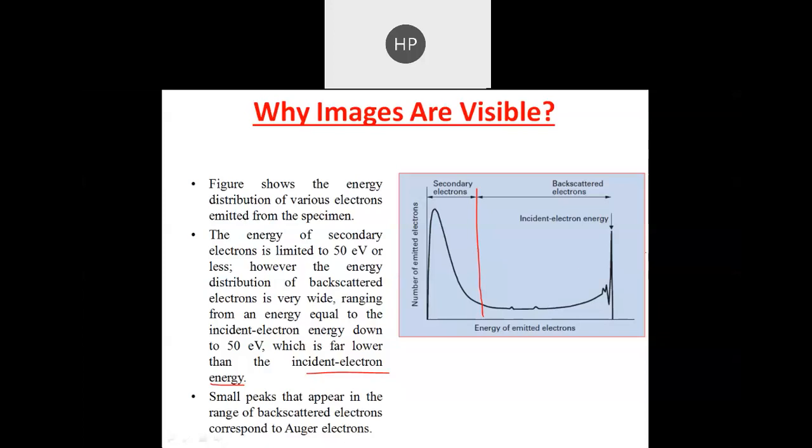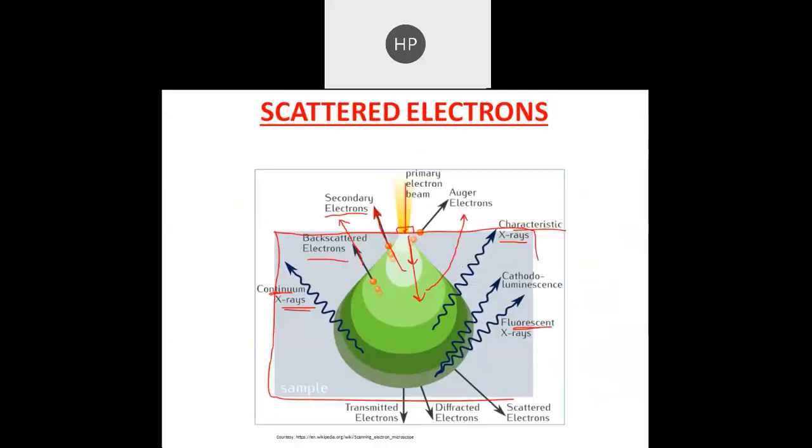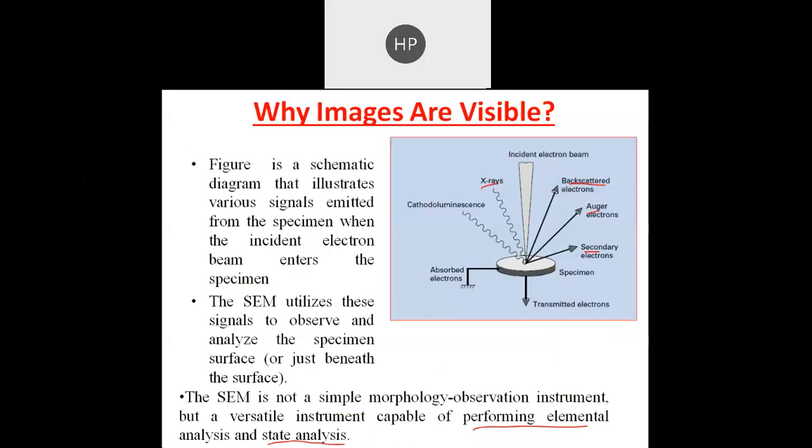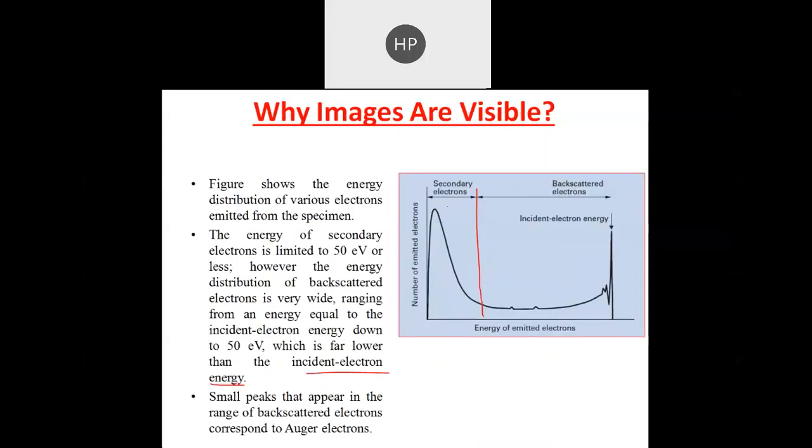So what are Auger electrons? These are the electrons that we get from here. This is how we can get the image from the SEM instrument.